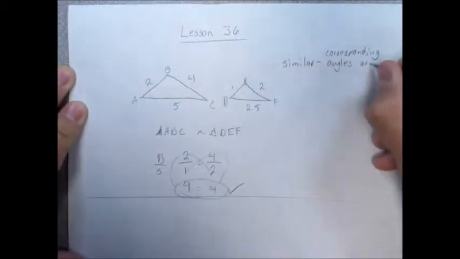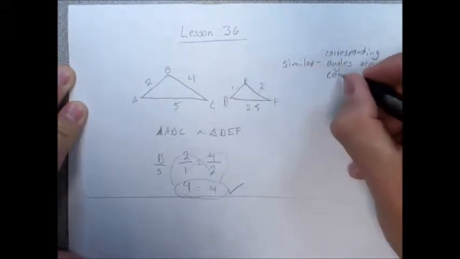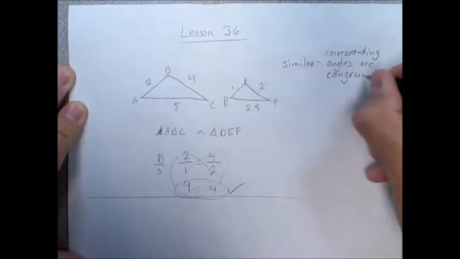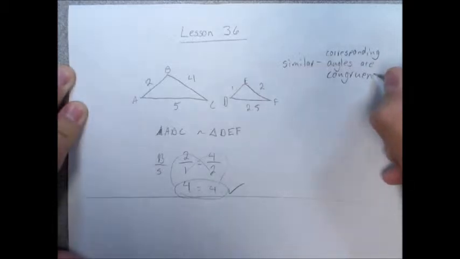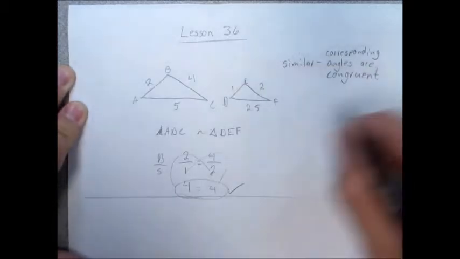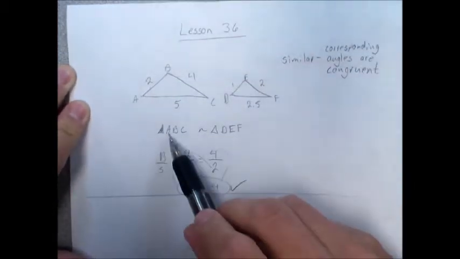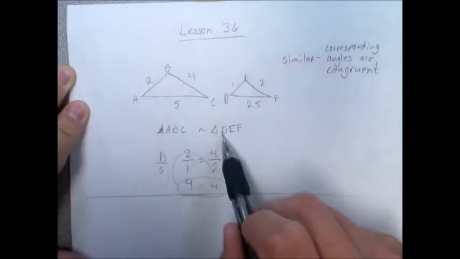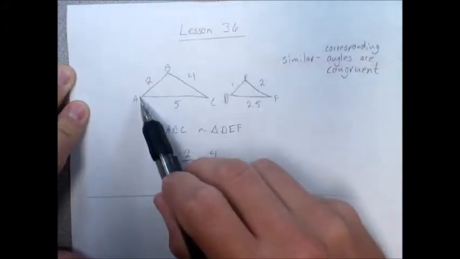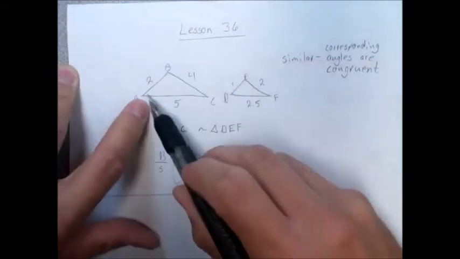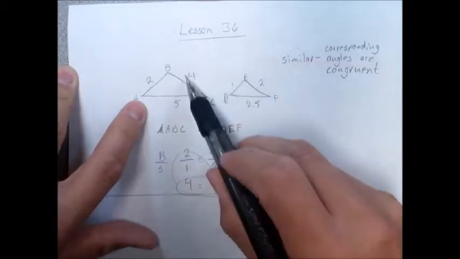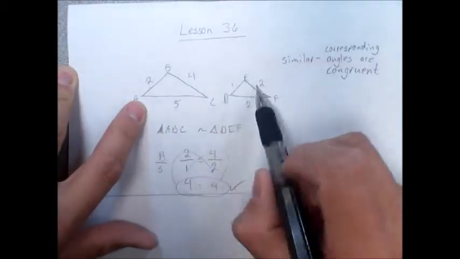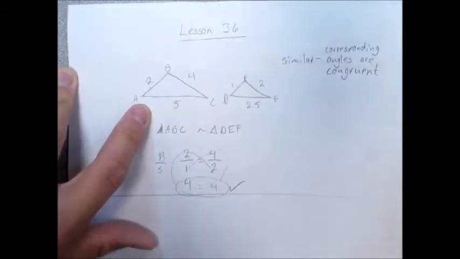Corresponding angles are congruent. Okay? So all that means, congruent, is that, notice I put A and D in the same relative position, in a corresponding position. So A and D, because look, they're both across from the middle length, then they should be congruent to one another.